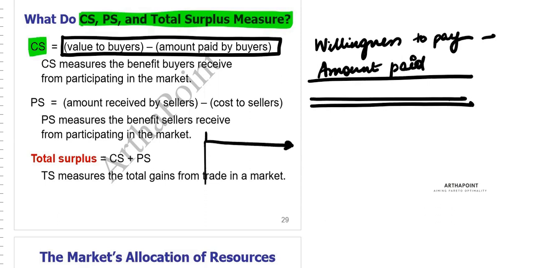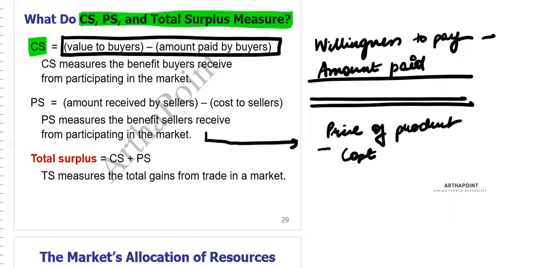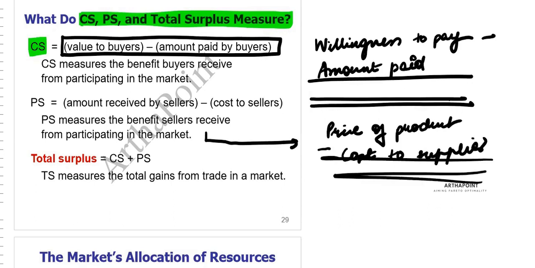What is producer surplus? Producer surplus is the gap between two things: the price of the product, less the cost to the supplier. This is the surplus to the producer. So producer surplus measures the benefit sellers receive from participating in the market.